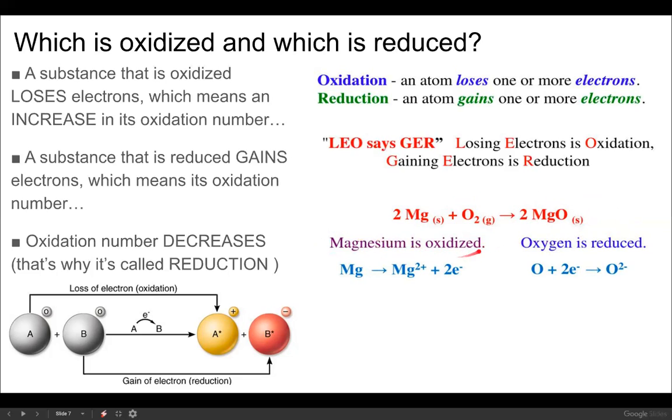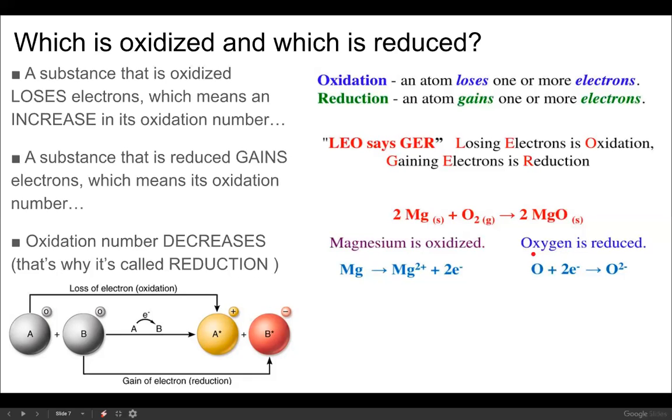So when magnesium is being oxidized, we have magnesium starting off and it does not have an oxidation number associated with it. And then it has a +2 up here because it loses those 2 electrons. LEO: losing electrons is oxidation.